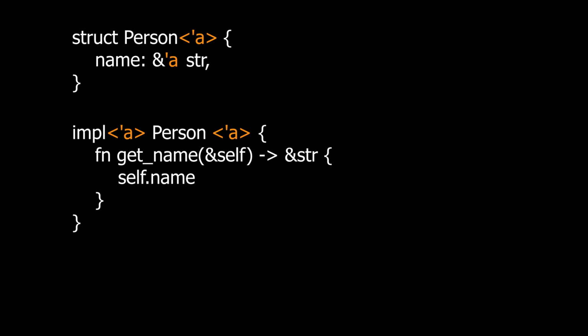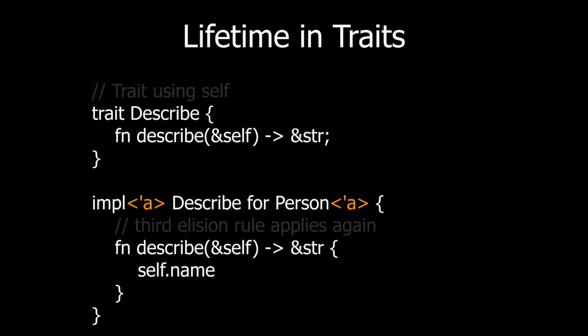In the method signature for self, we don't need to specify the lifetime because of the third elision rule. For traits, we can write like this, but since it uses self and no other reference can live longer than self, again as per the third elision rule, we don't need to write anything.